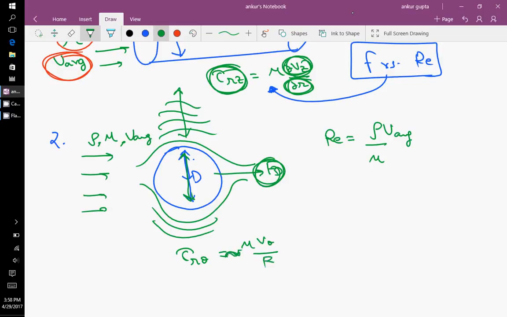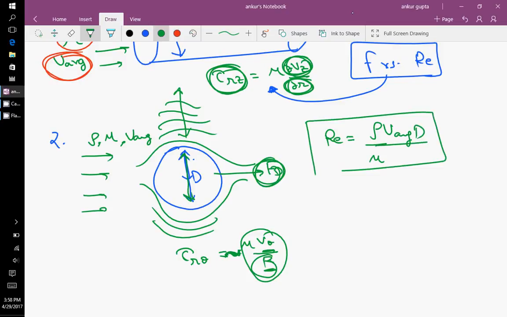You can check that we scale this as some velocity in the theta direction over the radius of this sphere. So the way we scale shear stress is important, and in this case it is also based on this r, and naturally we cannot use infinity because then the Reynolds number will always be infinity. Again there is a physical feeling behind why we choose the diameter here, and that's why we define rho u average d by mu for the Reynolds number. I hope there is some understanding of why we are choosing this.